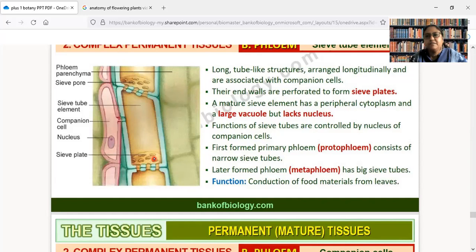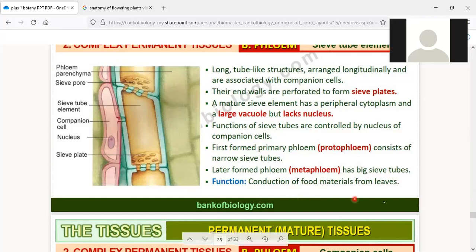Due to this, sieve pores get blocked and the transportation of food in plants slows down. At the onset of spring, when a high amount of water is available, the callose is washed out, the sieve pores are clear again, and the transportation gets back to its original form. Understood?